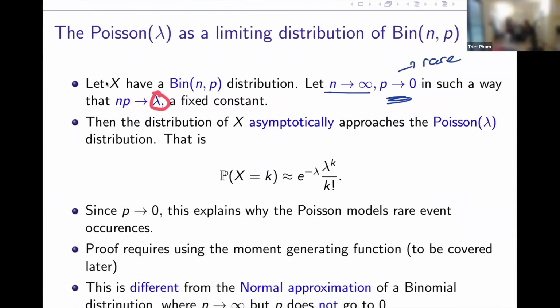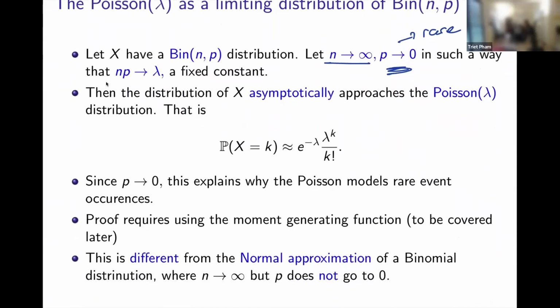And approximating in which sense? That means the probability that the binomial equals k is approximately this when n is large, p is small, and n times p is approximately a constant.